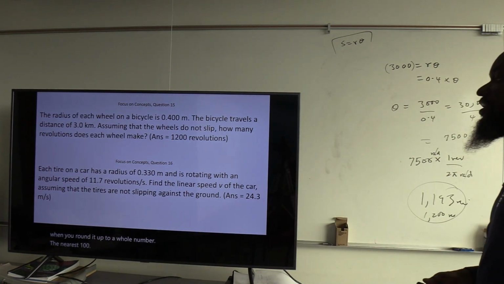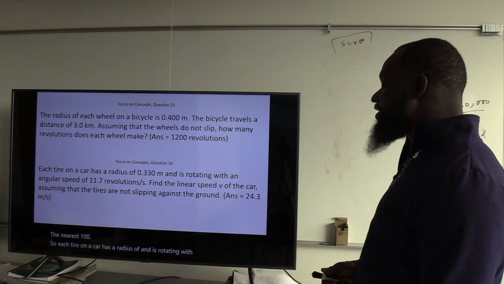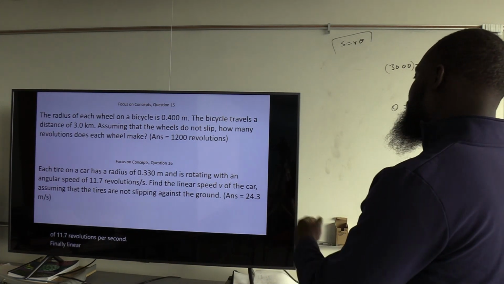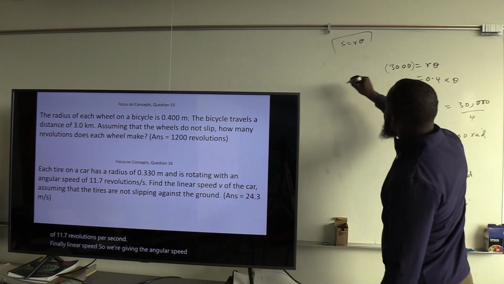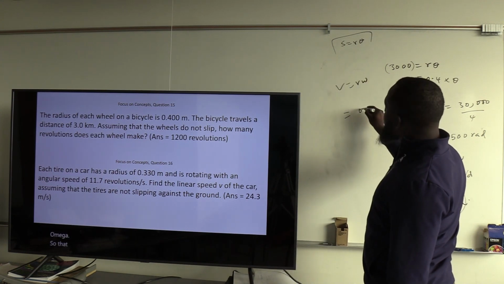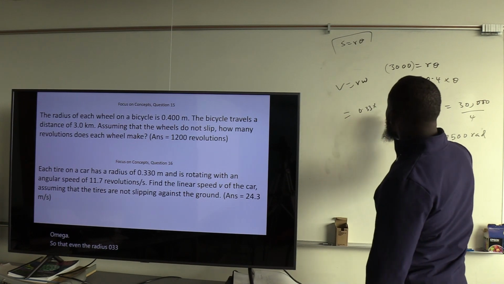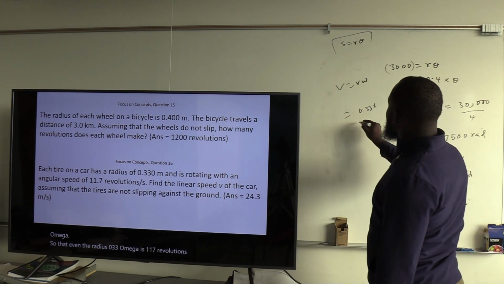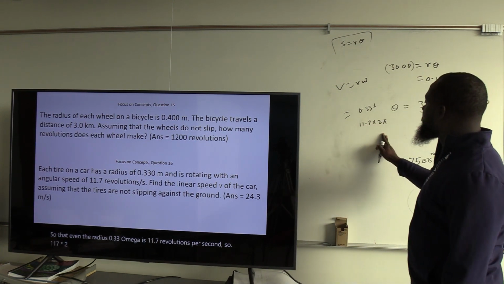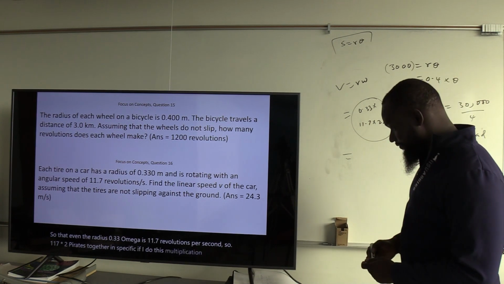Each tire on a car has a radius of 0.33 meters and is rotating with an angular speed of 11.7 revolutions per second. Find the linear speed. So we are given the angular speed. So V is R omega. We are given the radius 0.33. Omega is 11.7 revolutions per second. So 11.7 times 2 pi radians to get radians per second. If I do this multiplication, I'll get my linear speed.